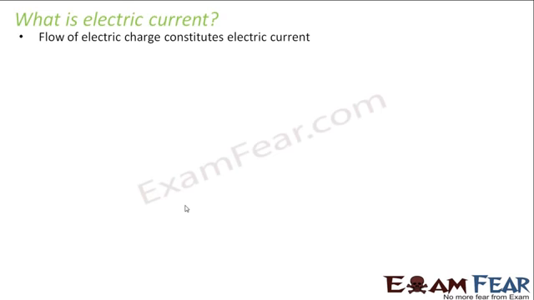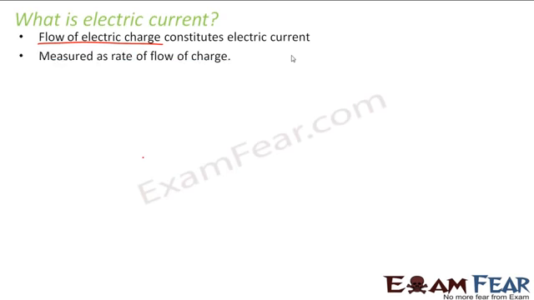So what is electric current? Electric current is nothing but flow of electric charge. So whenever we talk of current, it means it is nothing but flow of charge. So flow of electric charge constitutes electric current. It is measured as rate of flow of charge. That means rate at which the charges are flowing.